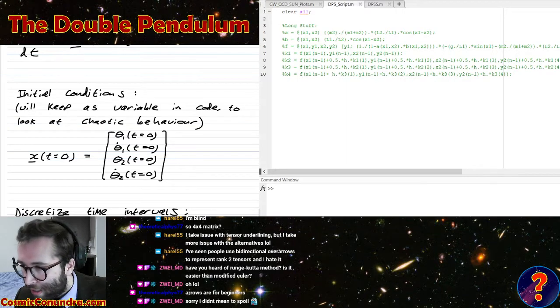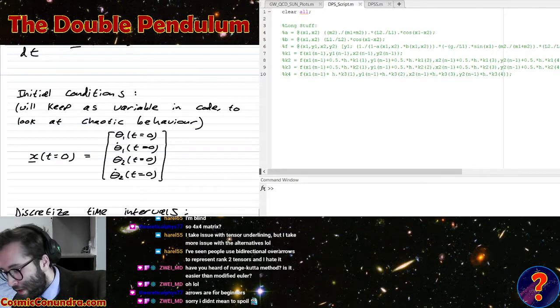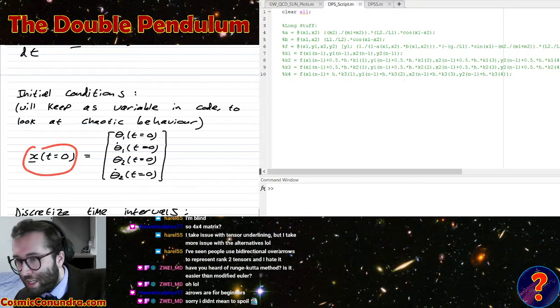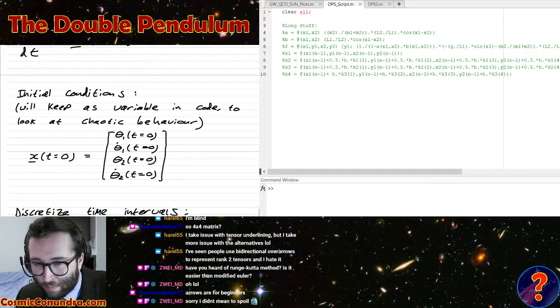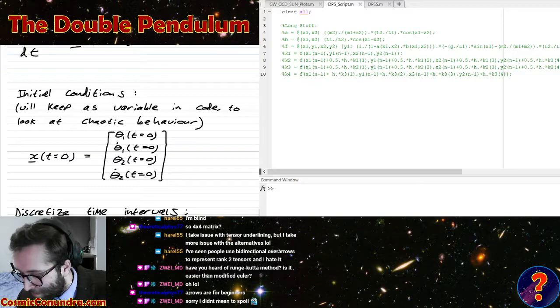And we'll compare the different paths that these pendula take when you perturb the initial conditions by a very tiny amount, which is quite interesting and produces some nice patterns. So I have some initial conditions that in my code I'll leave such that we can fill them in later, so that we can vary these things.